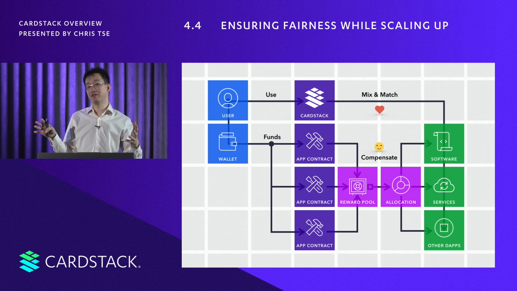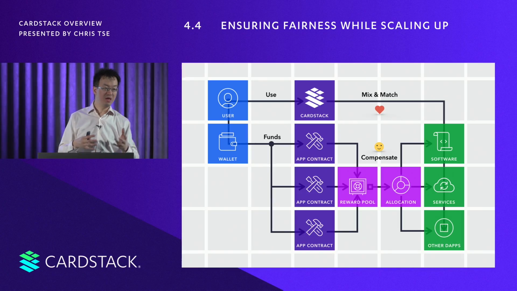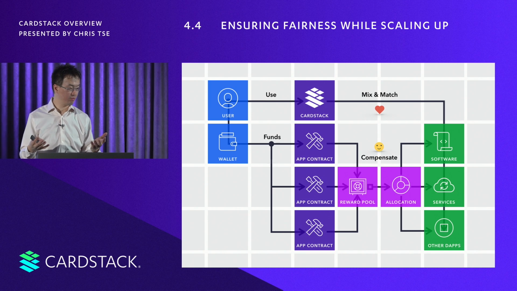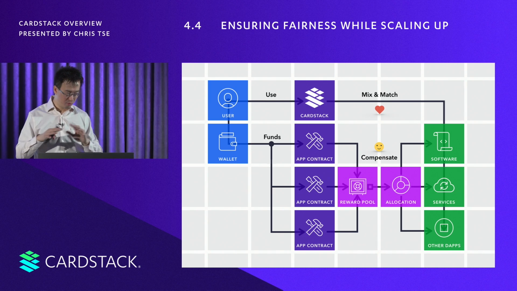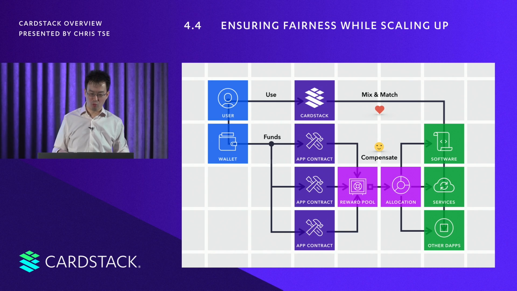So one way to think about this is that at the end of every month, you check your wallet and suddenly you realize that a very popular thing you did, whether it's software or even content in the future, we'll focus on software and services now, has made you $40,000. And that's great because you've added value to this ecosystem and the reward function recognizes it and compensates you, and that could be your team or yourself. So that's the basic idea of a reward pool.